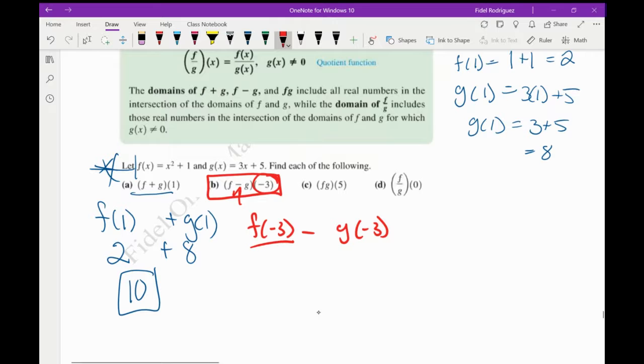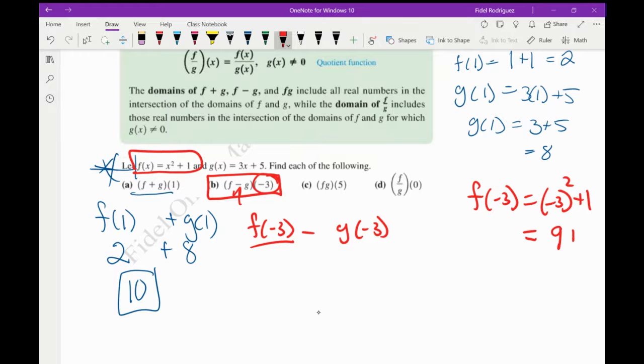So look, how do I find f of negative 3? Well, I just come back to this problem. And I say, look, if I want to find f of negative 3, I'm going to take negative 3 squared plus 1. Negative 3, when I square it, is 9. And 9 plus 1 is? So I'm going to put a 10 right here. And I'm going to do the same thing for g of negative 3. So I'm going to come back to this part right here.